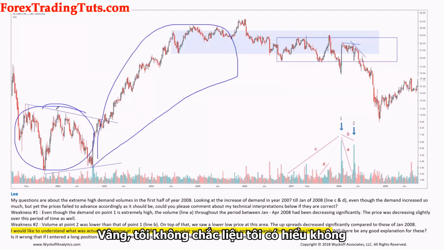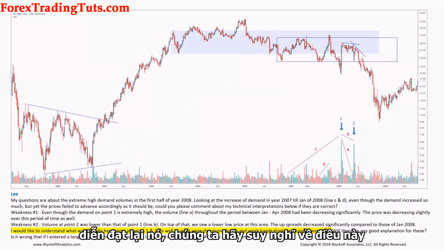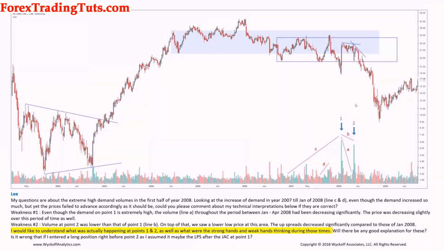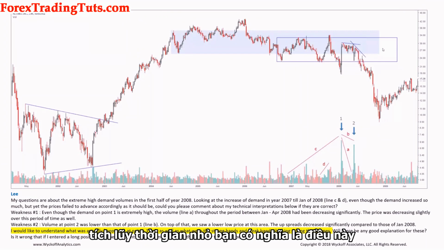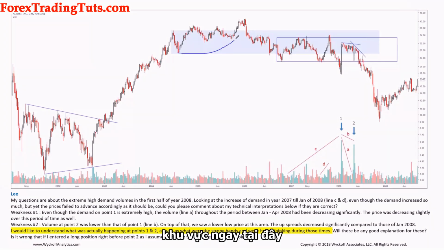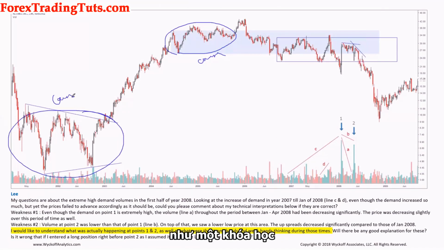Yeah, I'm not sure if I understand the question, Eric. Let's just kind of rephrase it. Let's just think about this. Okay, meanwhile, small time accumulated. You mean this area right here as a cause? Or this as a cause?